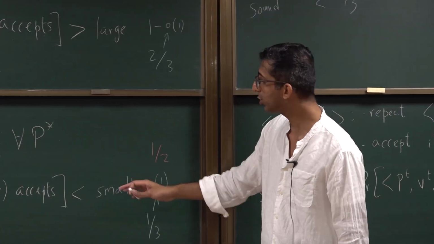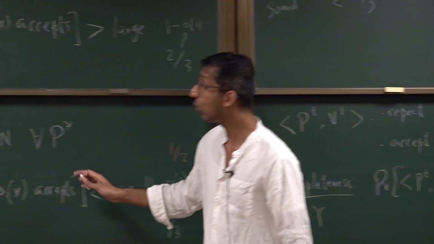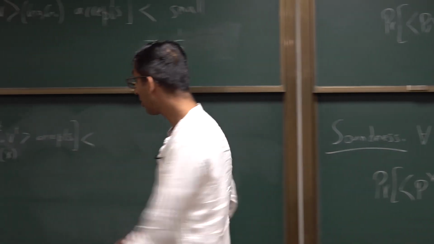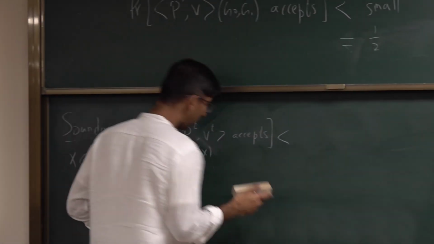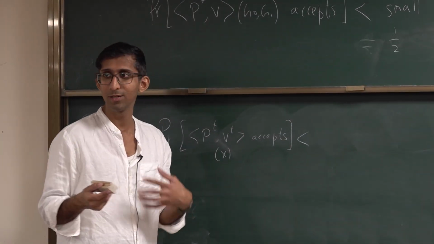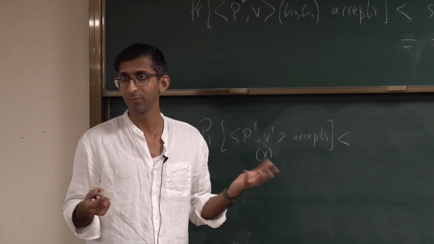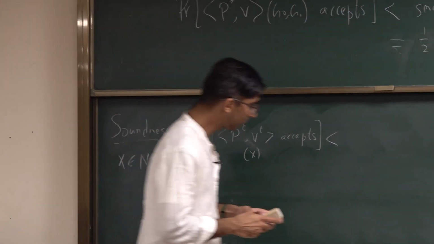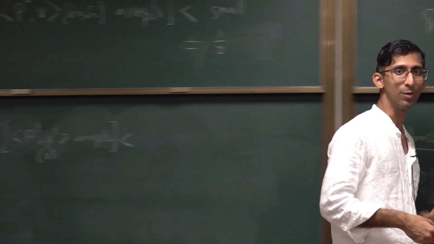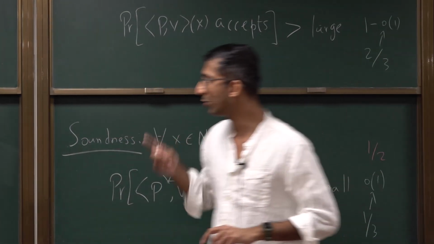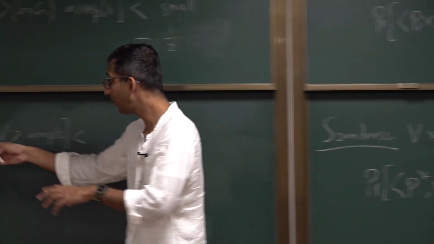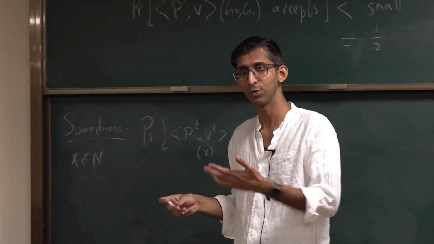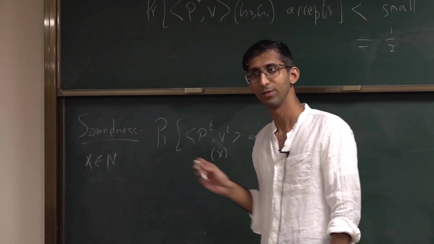And the only thing I have to start with is, actually it's more than that, right? It's not just this particular P_T, because I want to prove soundness against any possible prover, right? But let's start with this. So let's say I start with just the P_T and V_T. Then what can you say? What is the probability that it accepts if the prover actually behaves the way it's supposed to behave?